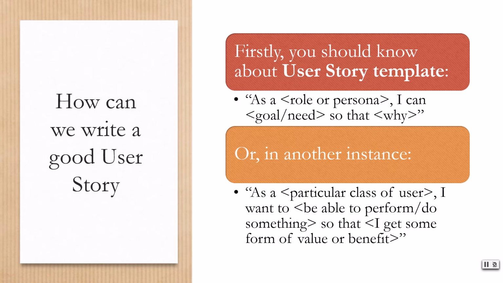And how can we write a good user story? Just remember the template. Firstly, you should know the template like this: As a role or persona, I can do something and need something, so that why. So this template is something like, as a user, I can click on the search button so that I can search for the products that I'm looking for.